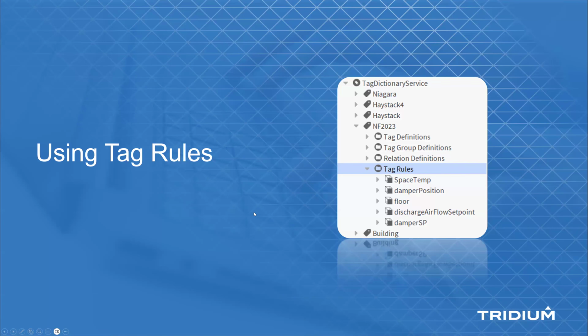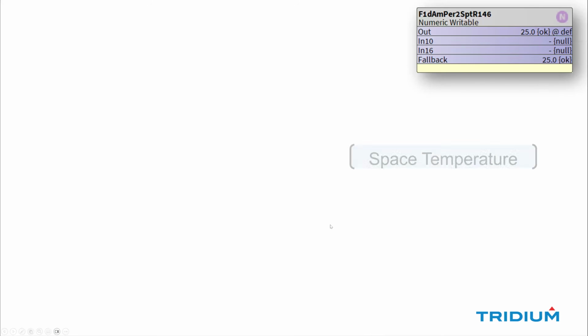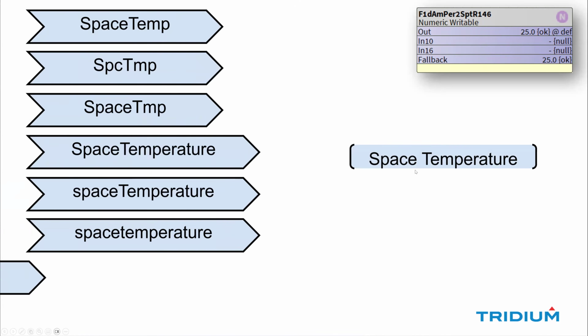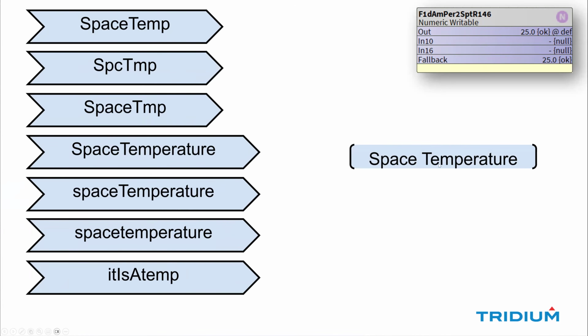Okay, tag rules. Again, I'll just kind of review this. The goal here is if I have a space temperature and I have no idea what the point name is, you can actually create rules that apply that tag to variations in the name. So this becomes important when I have a portfolio and I've got multiple buildings and multiple integrators.